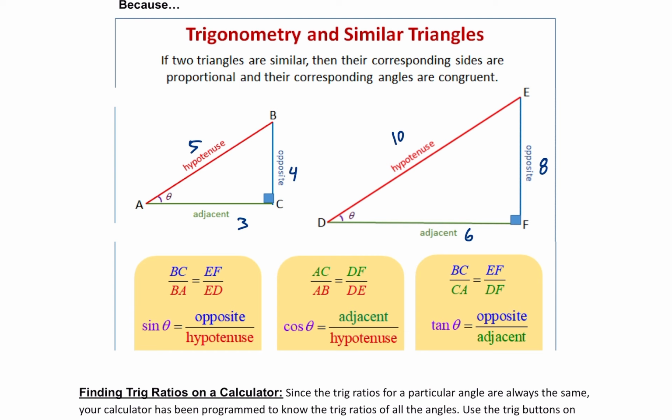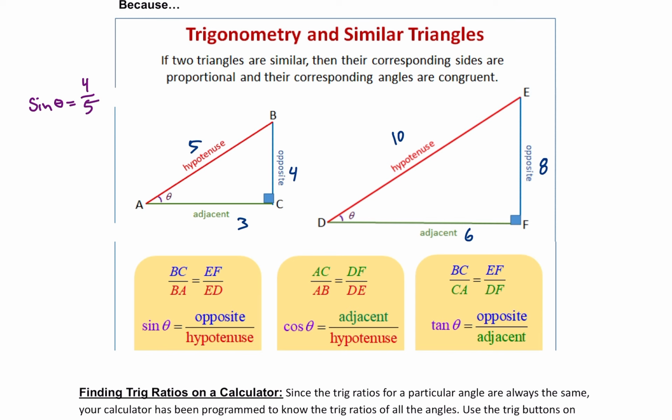So if I take the sine of the small triangle, and remember, sine is opposite over hypotenuse, our opposite is 4 and our hypotenuse is 5. So the sine is equal to 4 over 5.